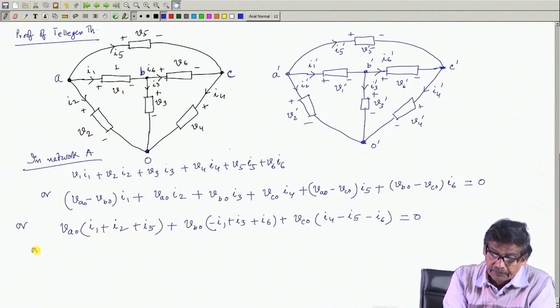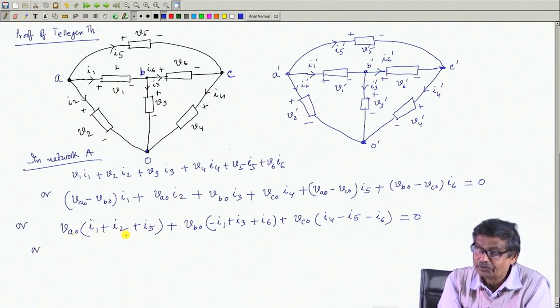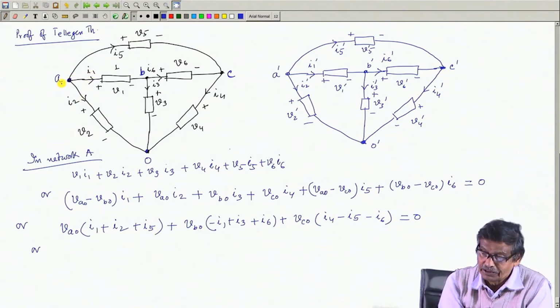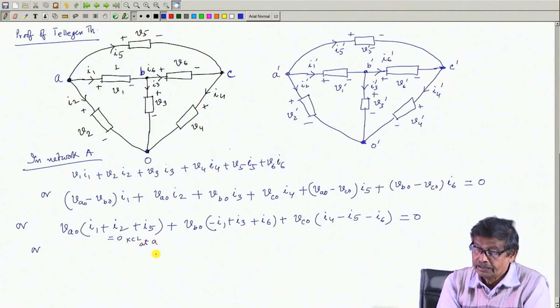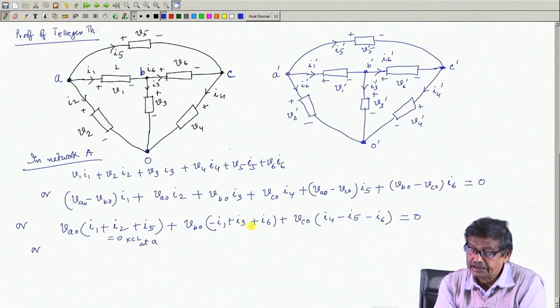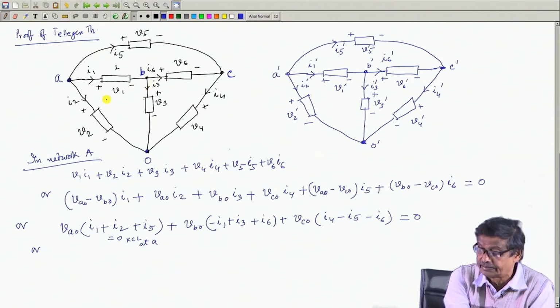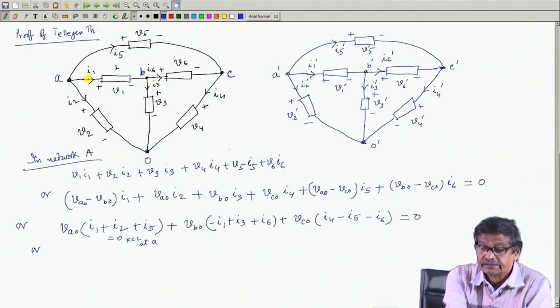Now, you see, I1 plus I2 plus I5 at junction A must be 0. This is KCL at A, is not? Similarly, I3 plus I6 minus I1 at node B, you see I3 plus I6 is equal to minus I1.